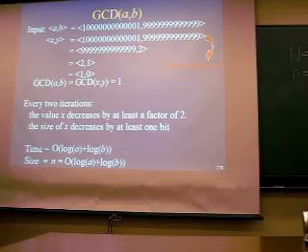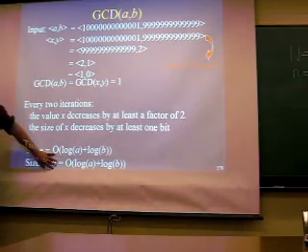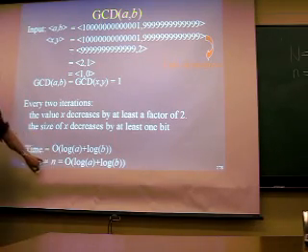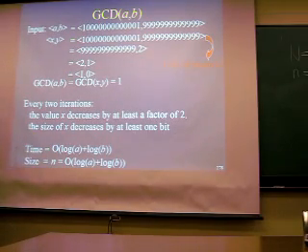So let's try it. What's the running time in this new algorithm? Is it polynomial? Is it logarithmic? Is it linear? Is it exponential? Anybody want to go for linear? Why do you go for linear?